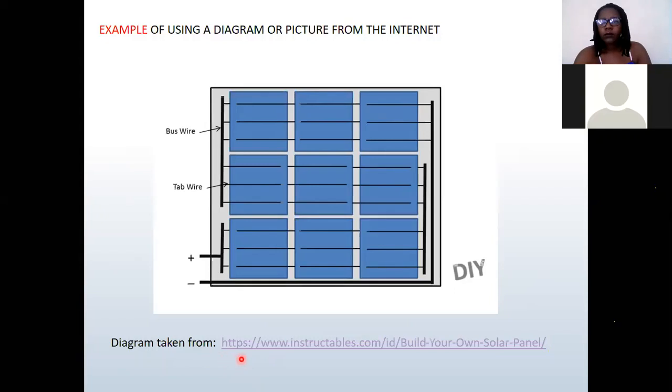If you check here, this diagram was taken from this website. So to avoid plagiarism, you have to say that you have taken this from the particular source, it can be a picture, it can be a diagram.